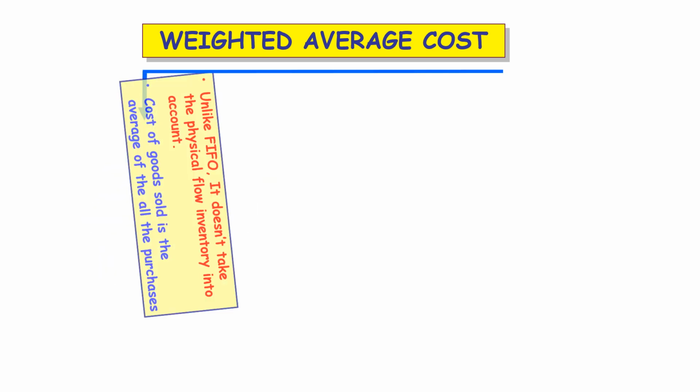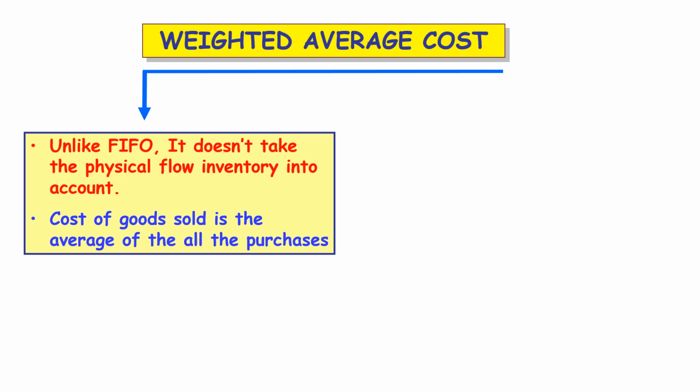So how does weighted average work? Unlike FIFO, weighted average does not take the physical flow of inventory into account. FIFO thinks that when I picked up those 3 staplers from the box, I was picking up the $5 staplers because it keeps track of the physical flow. What is the physical flow in the box?